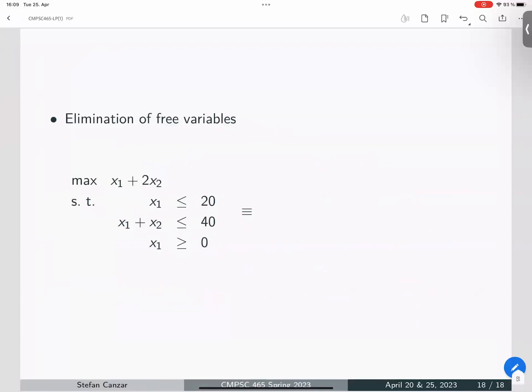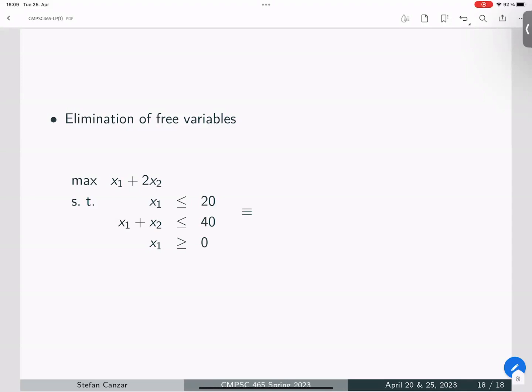Here's again a linear program. It's not yet in standard form. We don't have minimization. We don't have equations, but we do have variables that are allowed to take on negative values, namely x2 in this example. So this example again has two variables. x1 is non-negative as it should be in standard form, but x2 is allowed to take on any value, including negative values. And that's one of the reasons it's not in standard form.